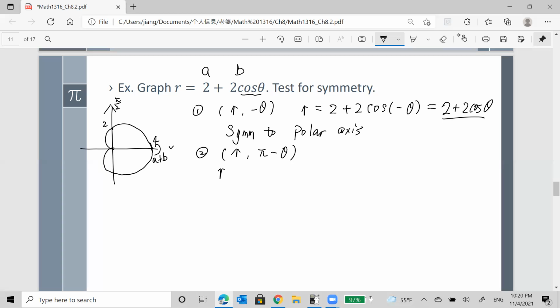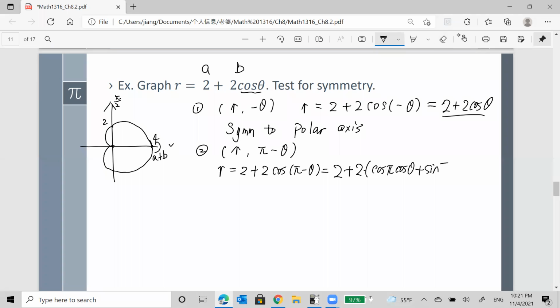So r equals 2 plus 2 times cosine of pi minus theta. So expand it: 2 plus 2 times cosine pi cosine theta plus sine pi sine theta.